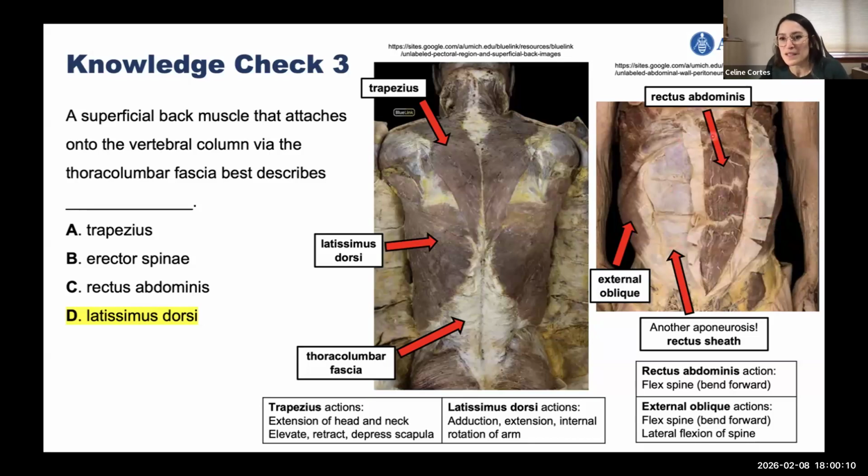On this image we've got rectus abdominis going on here. There is another aponeurosis here called the rectus sheath. As we reflect that rectus sheath, that's when we start to see rectus abdominis. Then we've got external abdominal oblique on the side here. These are just a little reminder about some of the different actions of these muscles.